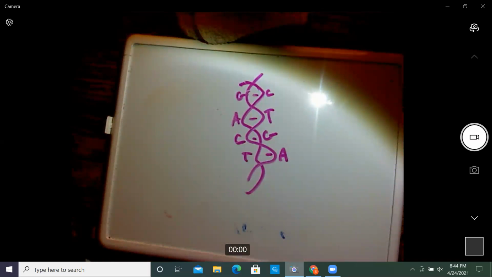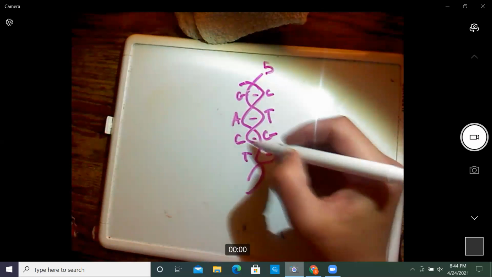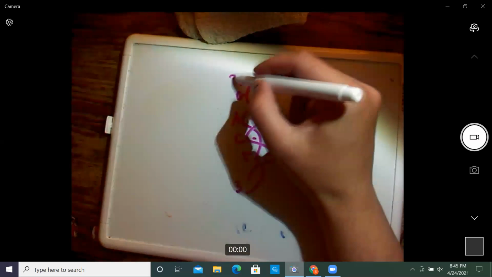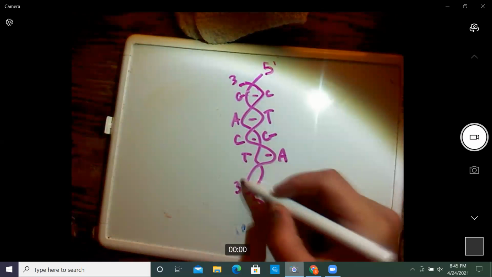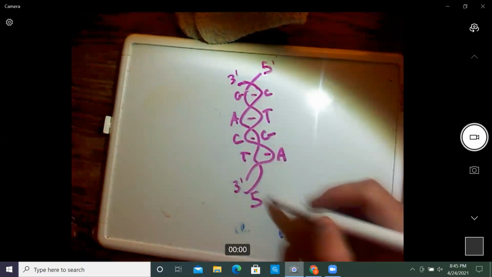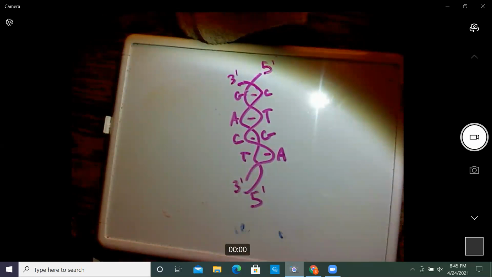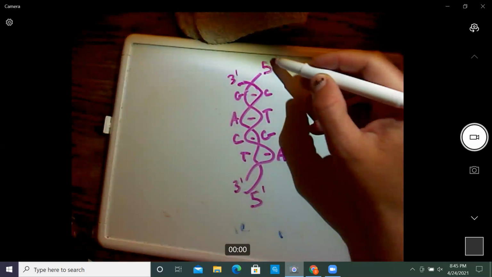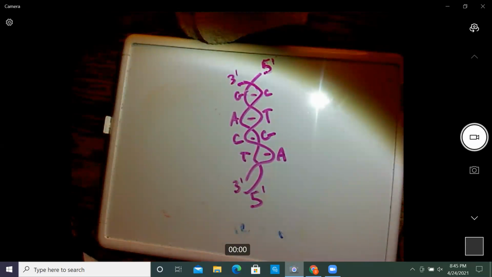The other thing to know is that these strands always run in a certain way. They call that 5' to 3', and the other strand will run in the other direction, which is 3' to 5'. These numbers refer to the numbering of locations in a DNA molecule, which you don't have to know too much about for this class.